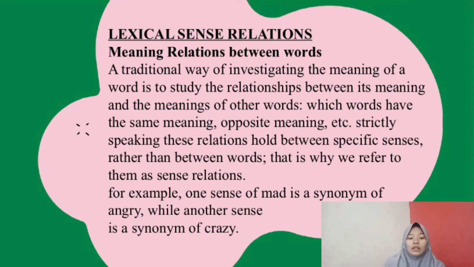That is why we refer to them as sense relations. For example, one sense of mad is a synonym of angry, while another sense is a synonym of crazy.